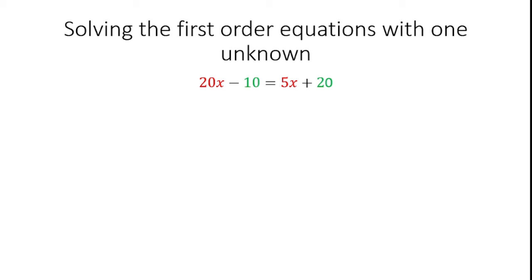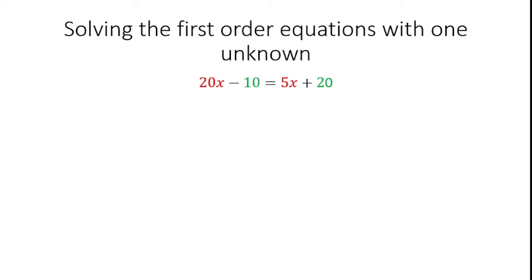Here, the first step, if we have this kind of equation, is to collect the common terms from the total statement. Here you see the identification of common terms such as 20x and 5x. That is why I represented them in red color. The same variables are collected from the total statement.